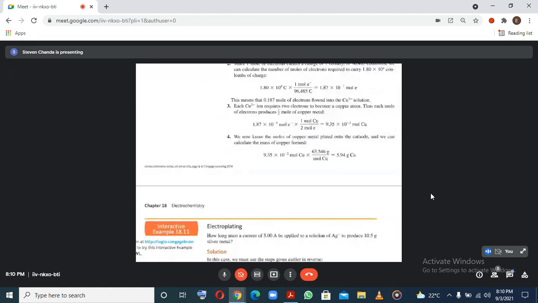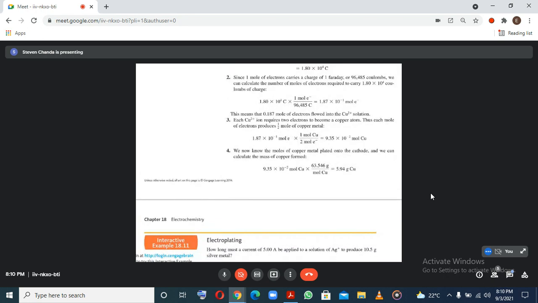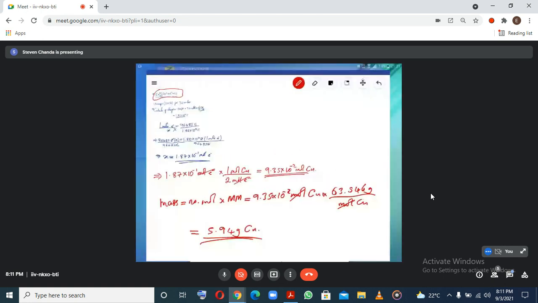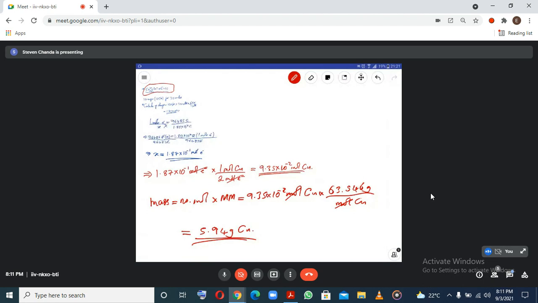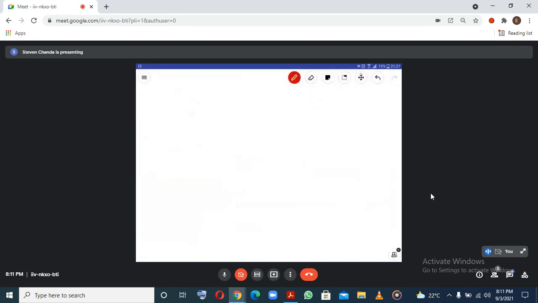Example 18.11. How long must a current of 5 ampere be applied to a solution of silver ions to produce 10.5 grams silver metal? If you really think of it, it's almost like working backwards from what we had discussed, isn't it? We've been given the mass.